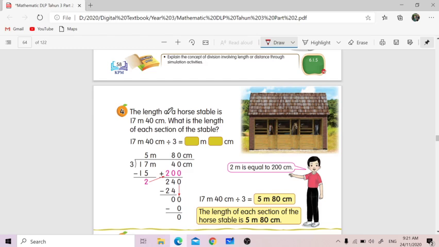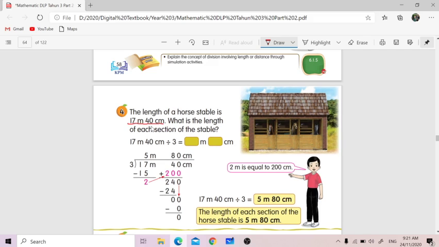The length of a horse stable is 17 meter 40 centimeter. Okay. What is the length of each section of the stable? Okay. Baik. Sekarang ni, again, the length of a horse stable. So, this stable, kandang kuda, the length is 17 meter 40 centimeter.